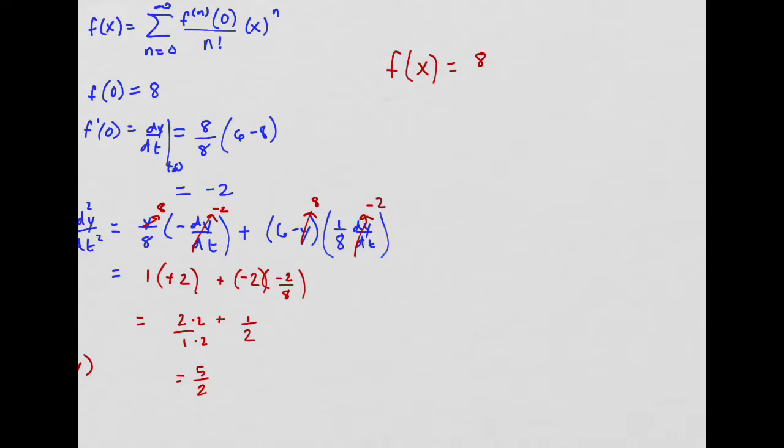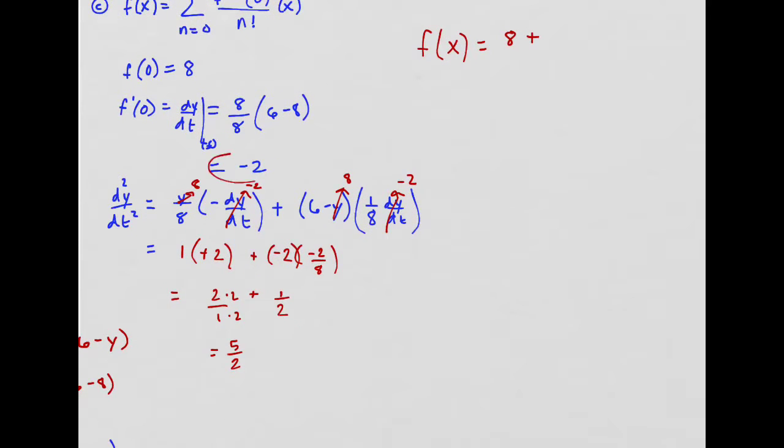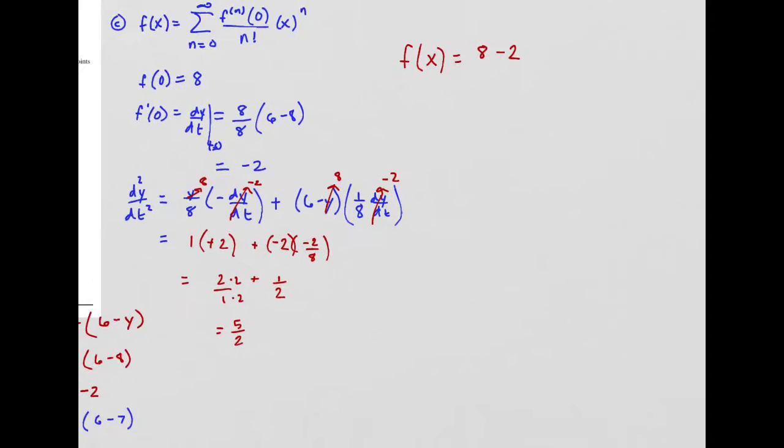So 8, and then minus 2 times, so that's this part, x to the, so n is 1. So 2x over just 1 again, because n factorial is just 1 factorial.